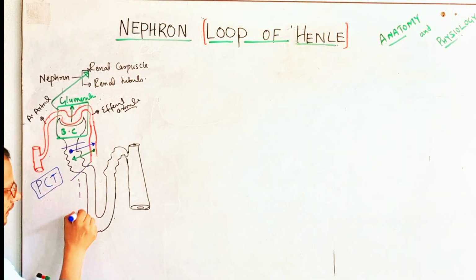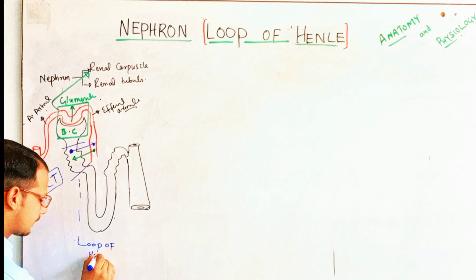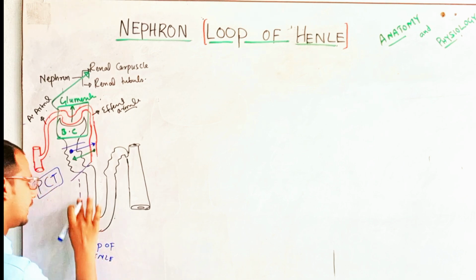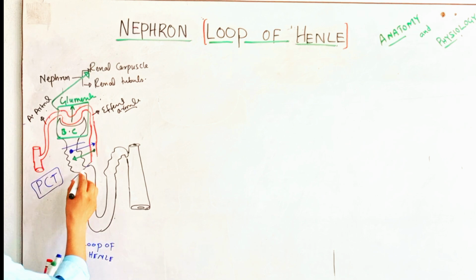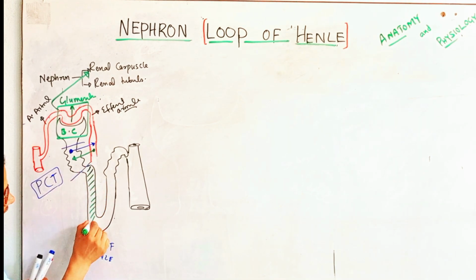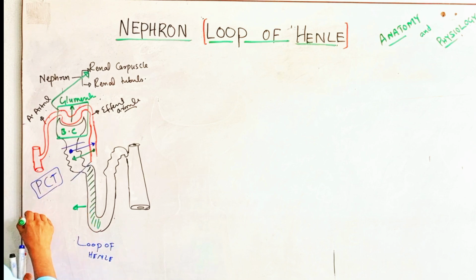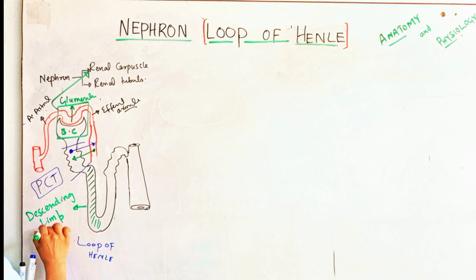Second, this area is called loop of Henle. In loop of Henle, this part is called the descending limb of loop of Henle.